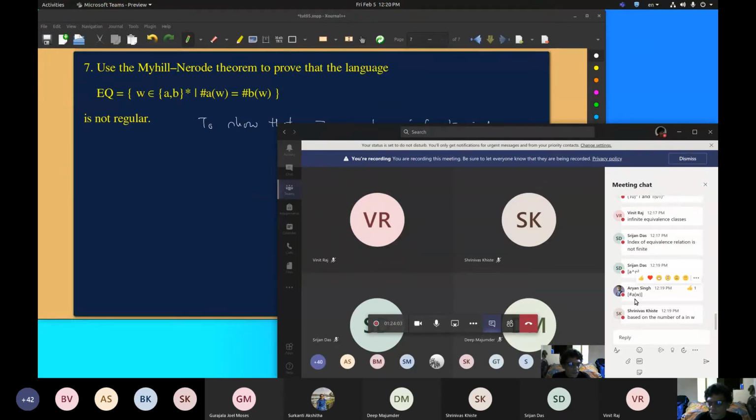So we are talking about equivalence classes of strings, right? Not of integers. Equivalence class of A power n. This is actually correct.